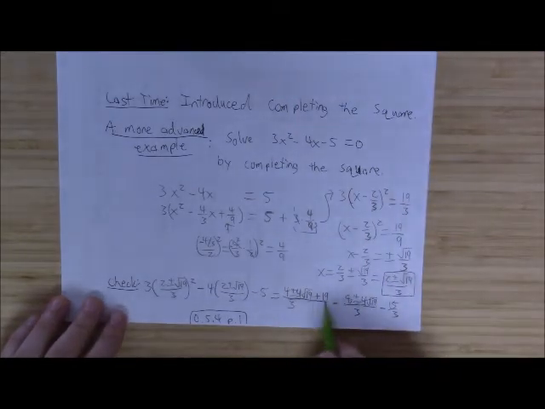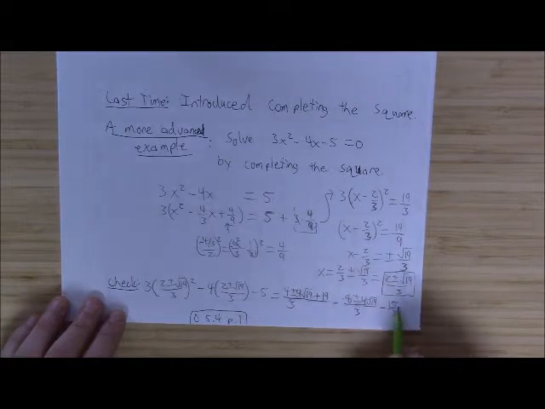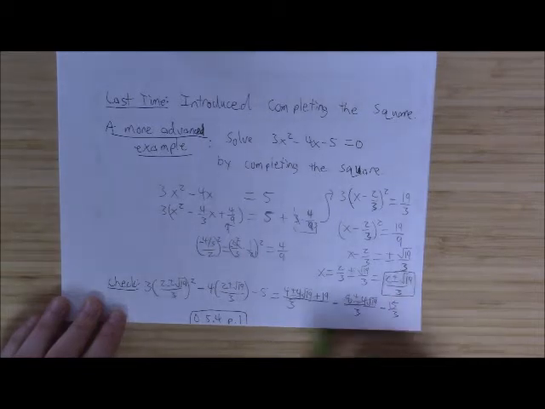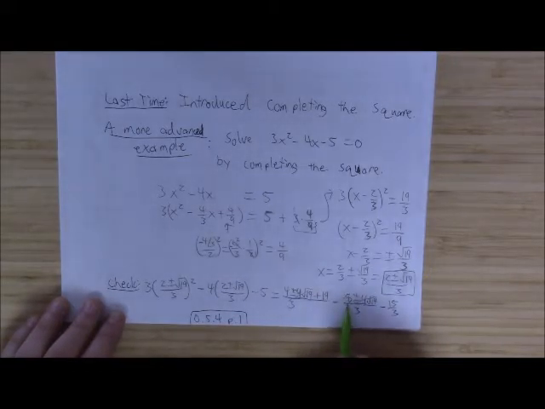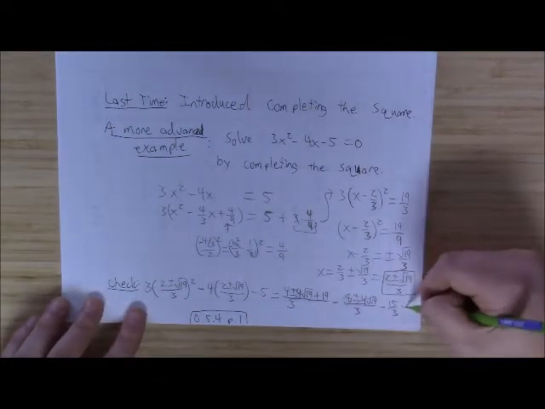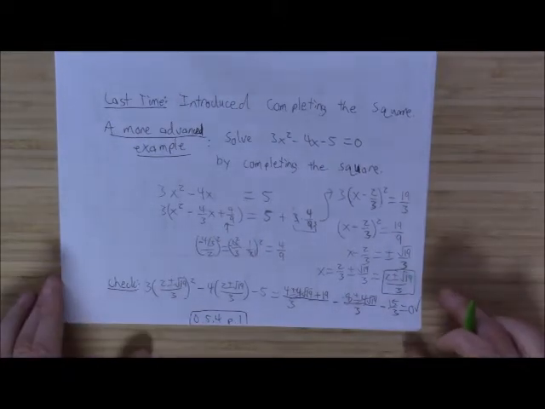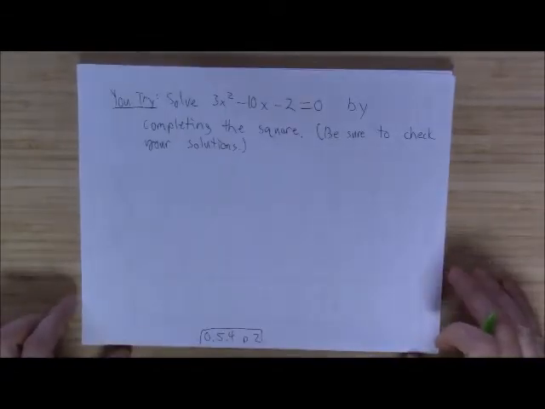We have 4 plus 19, which is 23, minus 8 is positive 15, minus another 15 is 0. So this actually does give us 0. Okay.